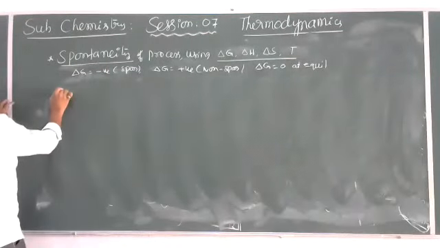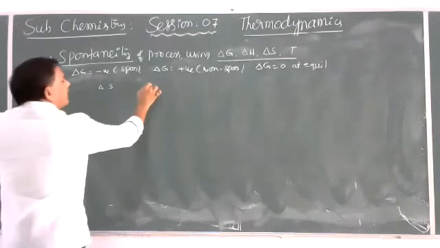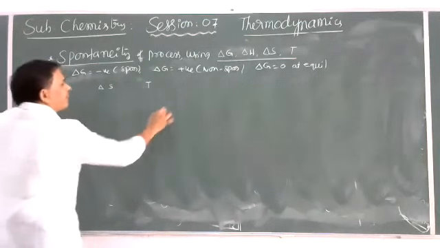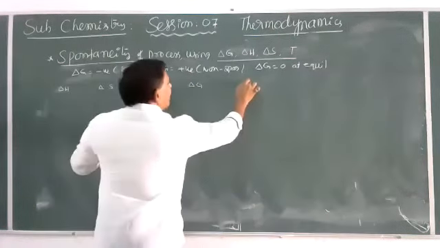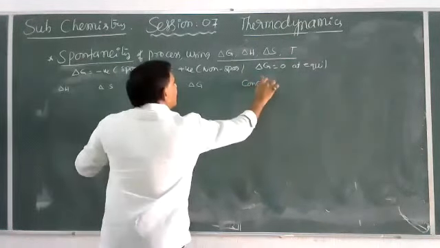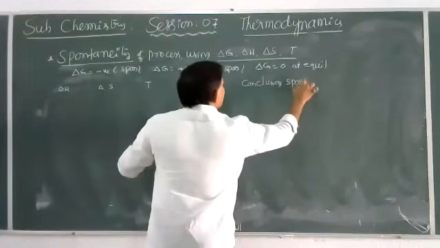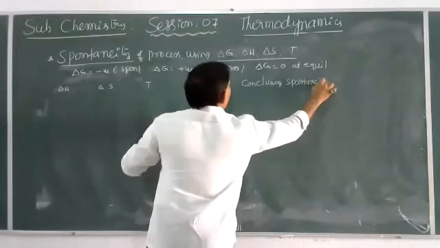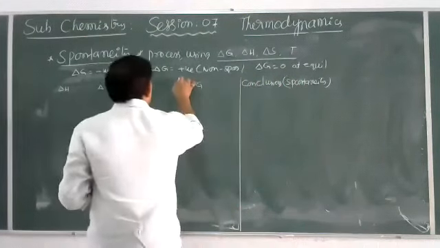Now the values of delta H, delta S, and temperature, and finally your delta G value and the final conclusion. Final conclusion means spontaneity of the process.